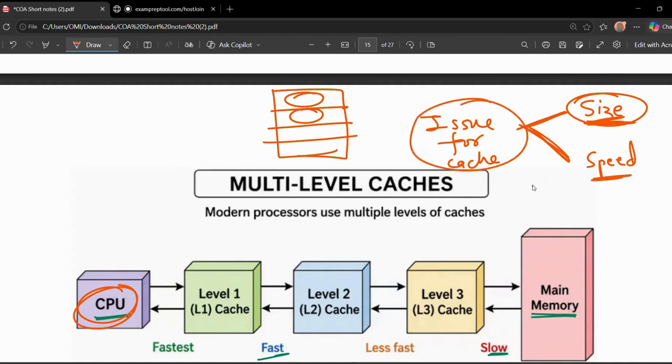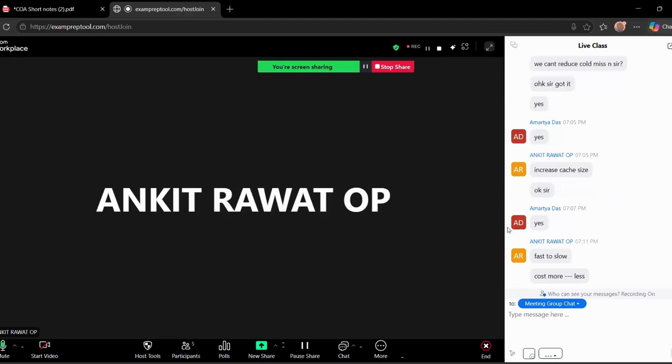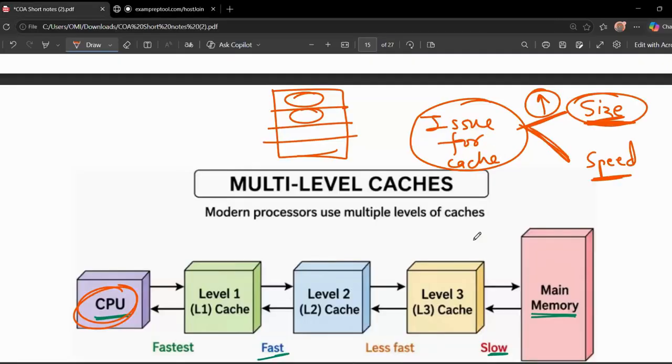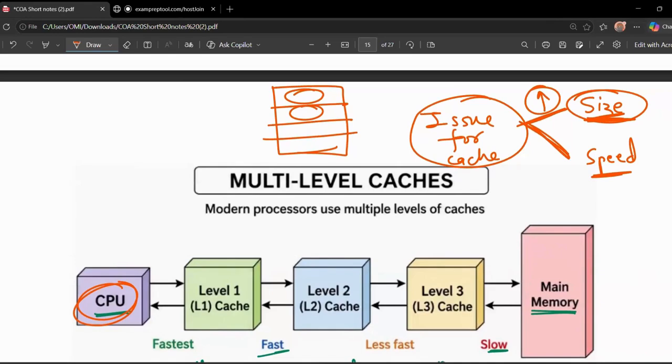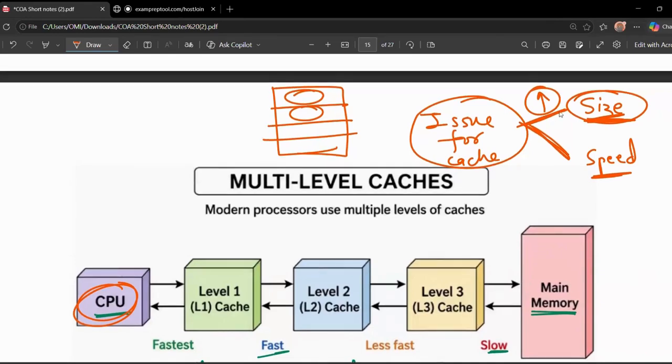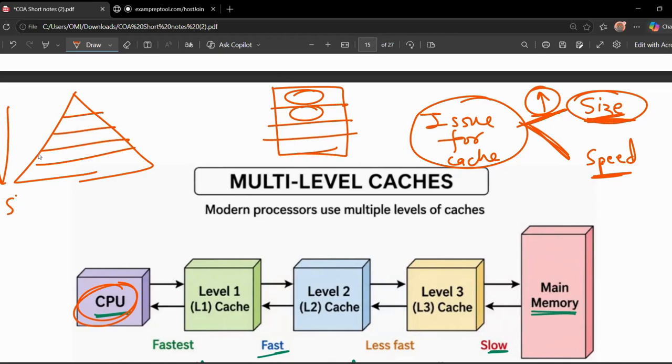So how can you manage two things? You can't increase the size because the cache is costly. If you check Amazon after the lecture, you check the price for the cache and main memory, you will find that the cost of cache is very high. And if you go into the levels of the hierarchy, as we have seen, you will get slower memory.